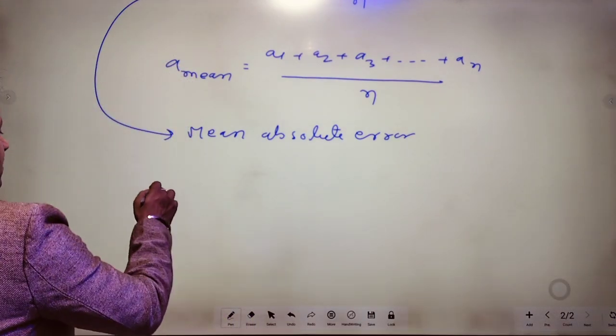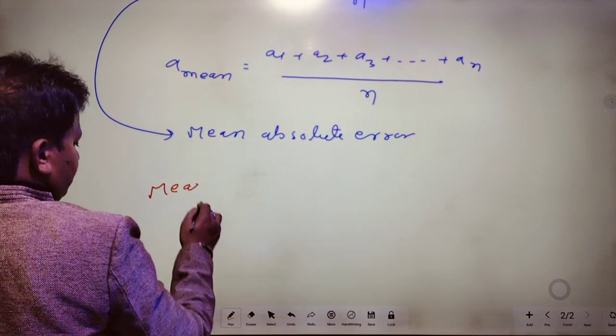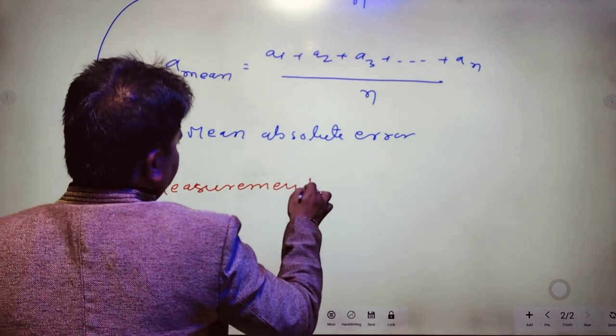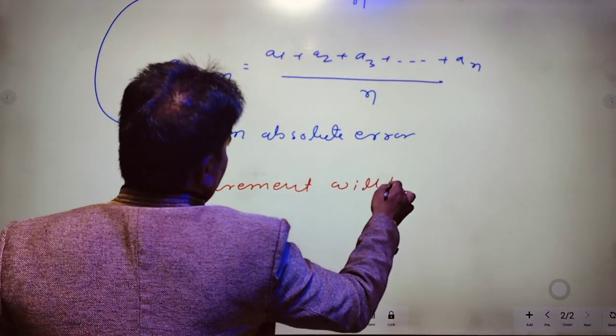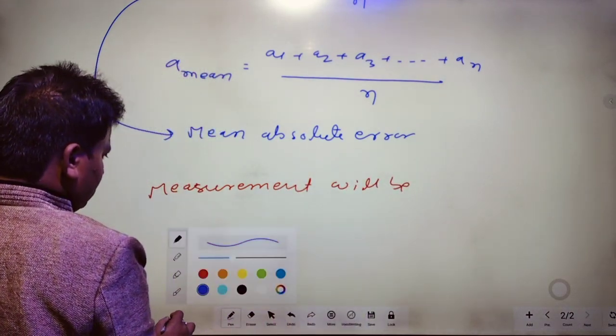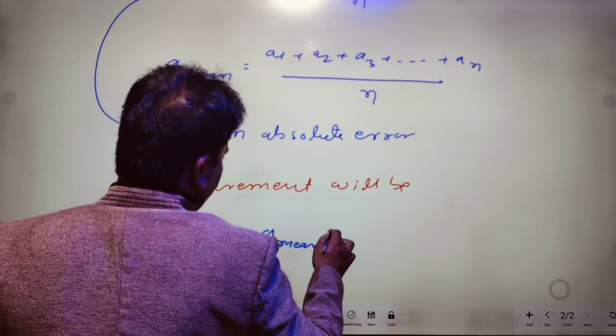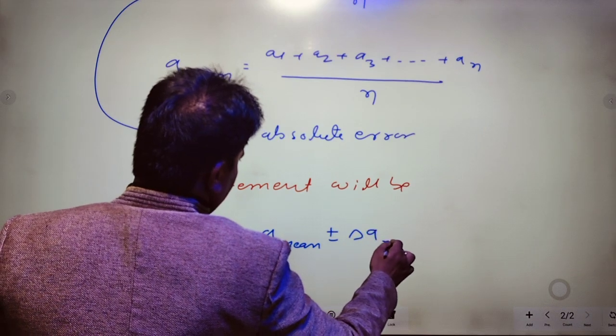Therefore, the measurement will be A is equal to A mean plus minus delta A mean.